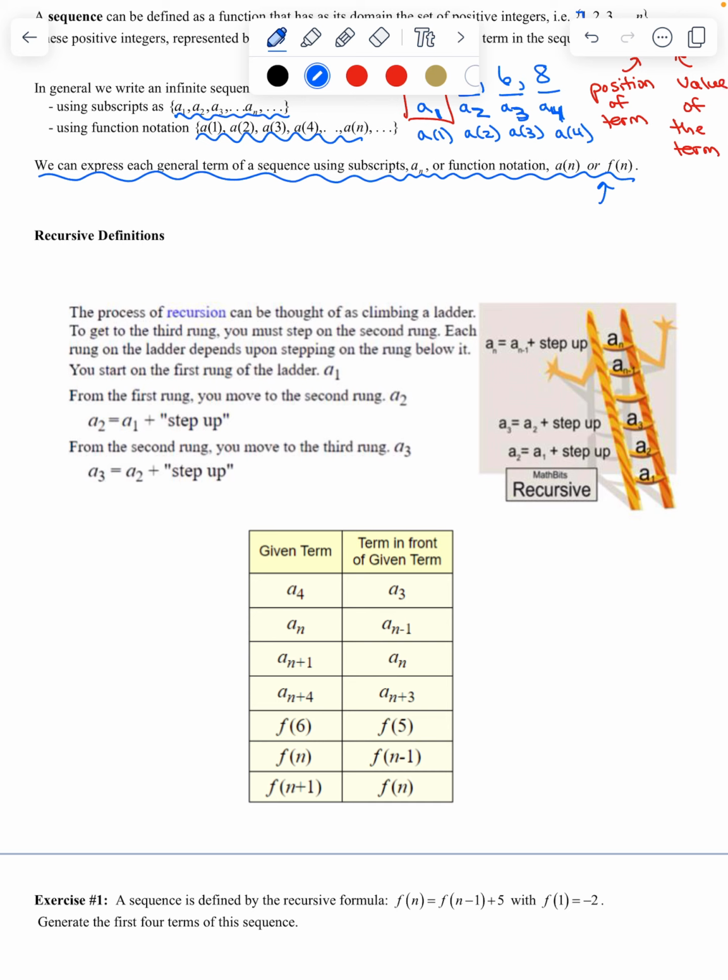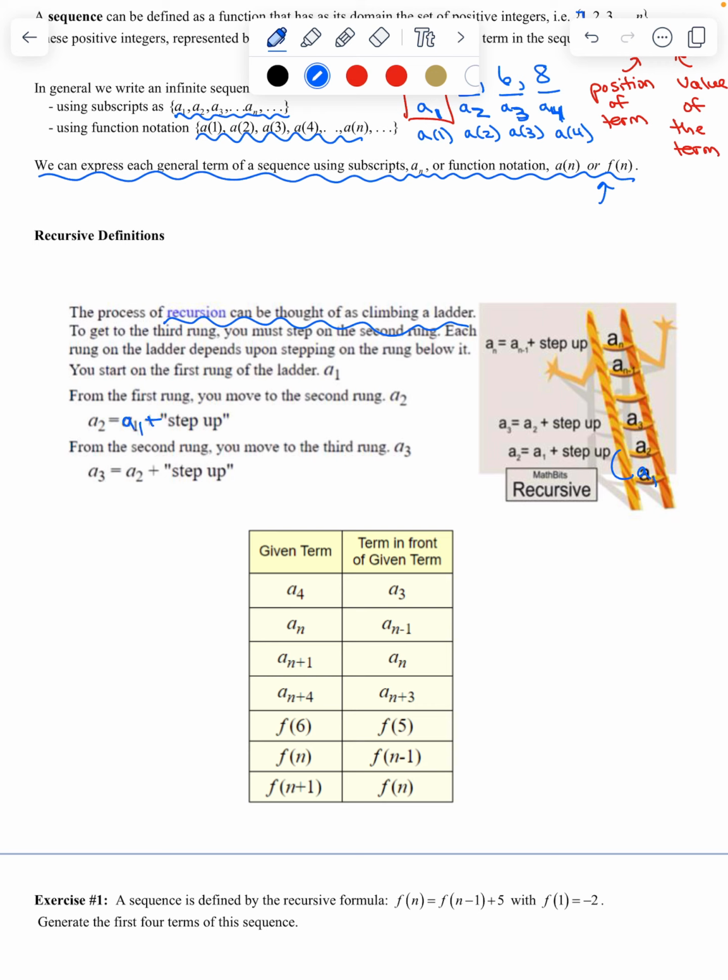Okay, so this process of recursion can be thought of as climbing a ladder. So to get to the third step, you have to be on the second step. Each rung on the ladder depends upon stepping on the rung below it. So suppose you start on the first rung on the ladder here, a sub 1.